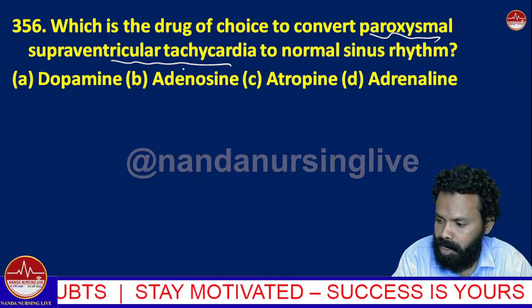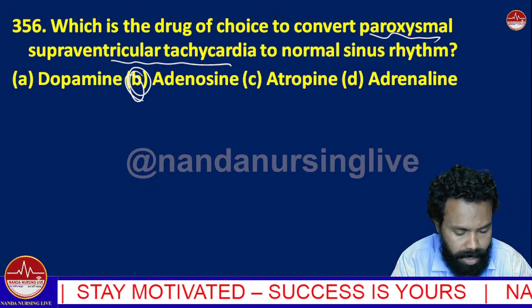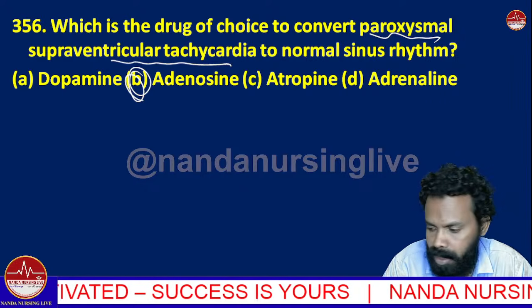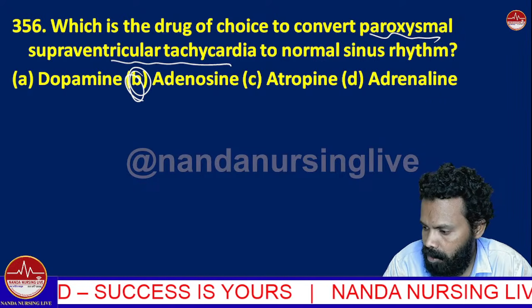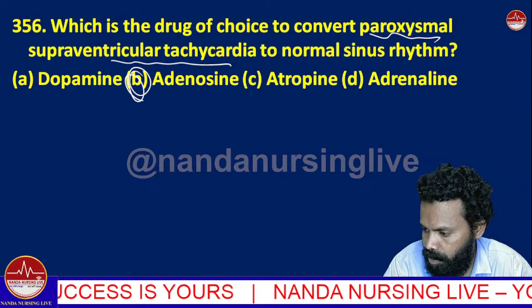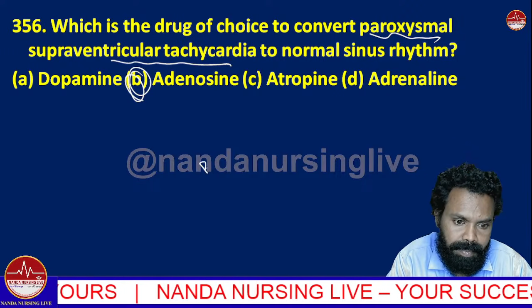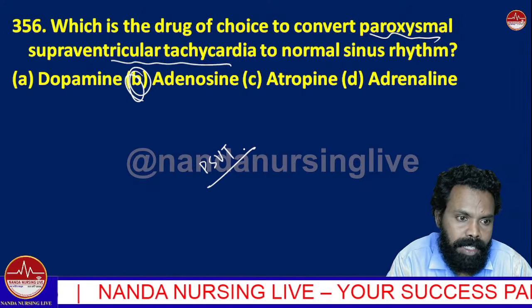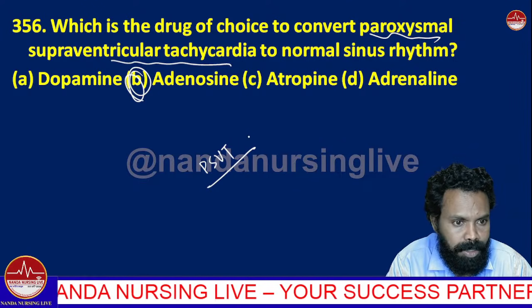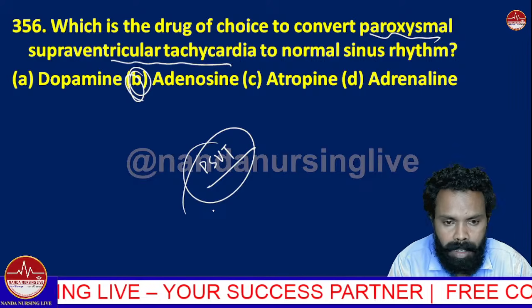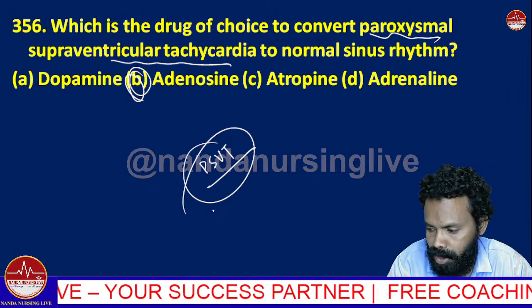So correct answer is option B, adenosine. Through adenosine we convert PSVT, paroxysmal supraventricular tachycardia, back to normal sinus rhythm.